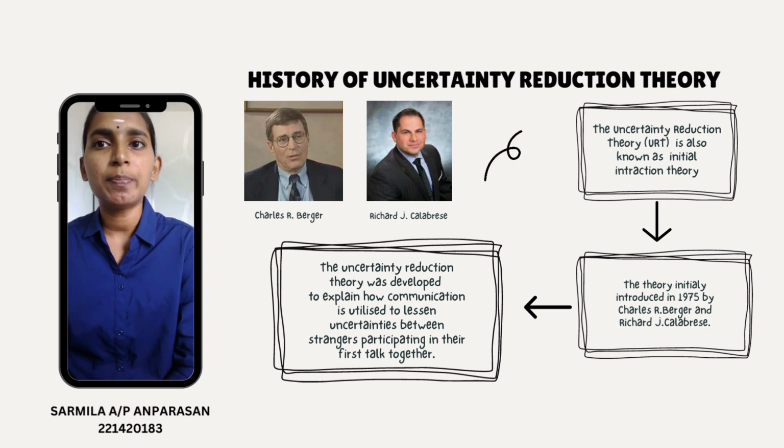The explanatory power of uncertainty reduction theory was increased by additional research in domains like verbal and nonverbal communication, closeness, reciprocity, and information seeking. According to academics, using a diversity of sources while collecting information to lessen uncertainty is a good idea.